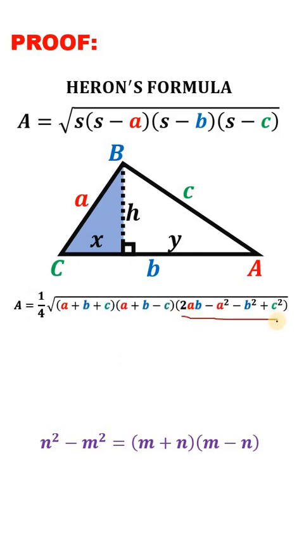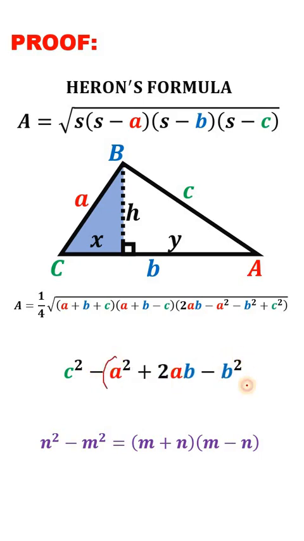And now we will do the same thing on this expression. Let's focus on this expression rather. And let's rearrange some terms a little bit. Now, let's move this positive 2ab between a squared and b squared. Let's factor out the negative 1. If we do that, we have negative of a squared minus 2ab plus b squared. And again, this is a perfect square trinomial.